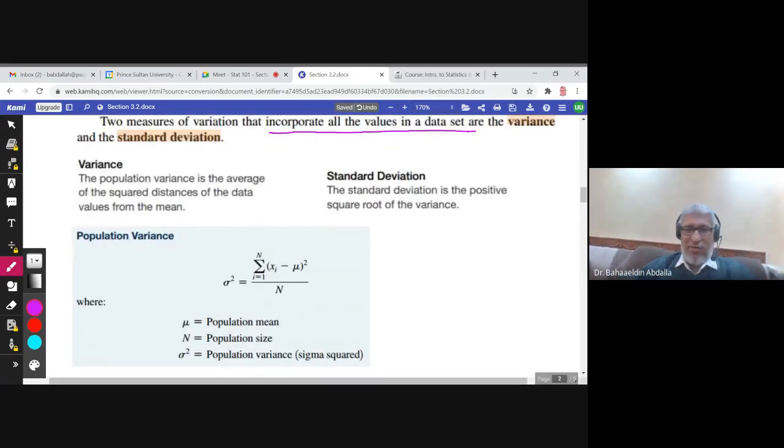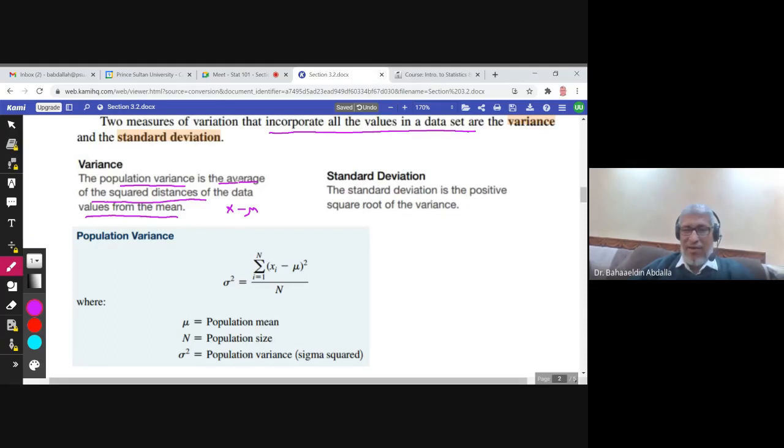What is the definition of variance? The population variance is the average of the squared distances of the data values from the mean. So x minus mu is the distance between the value and the mean.